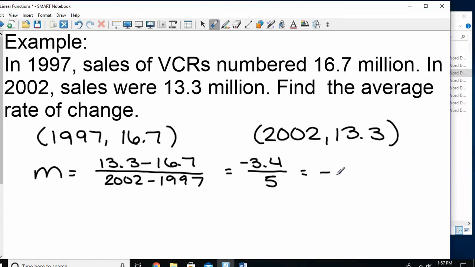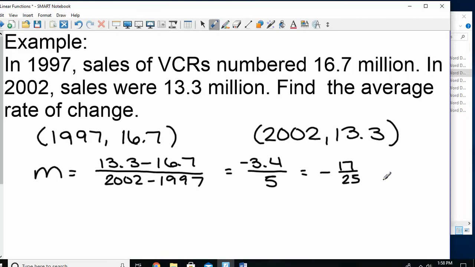I'm going to write this as a fraction. You could, of course, give me a decimal. On an average rate of change problem, I would like units on your answer.